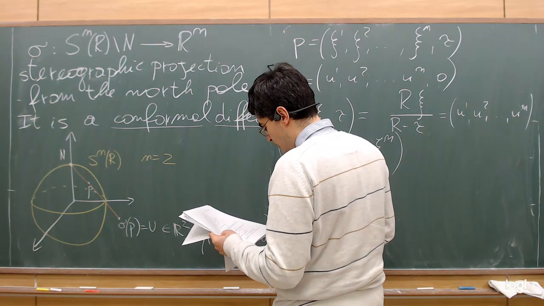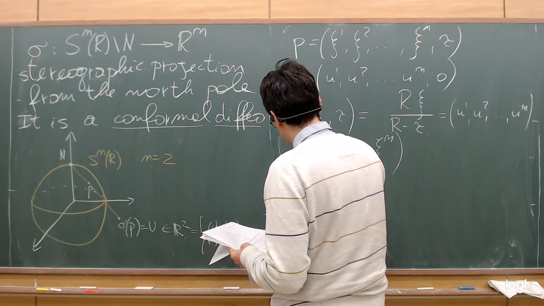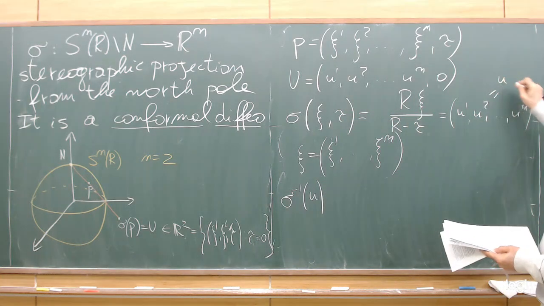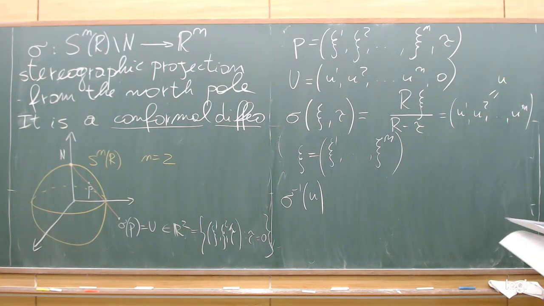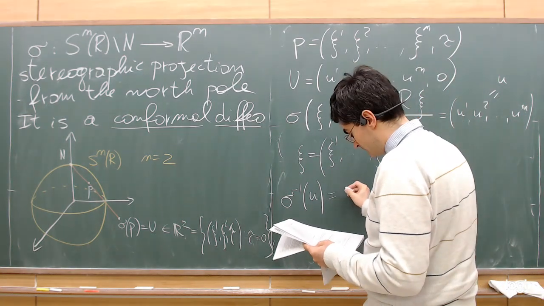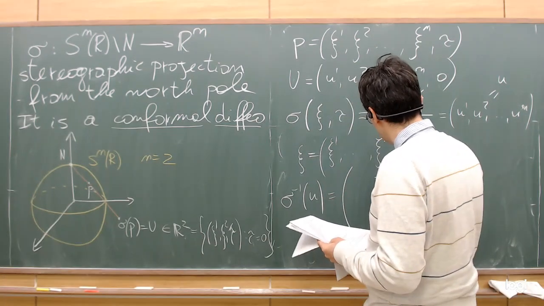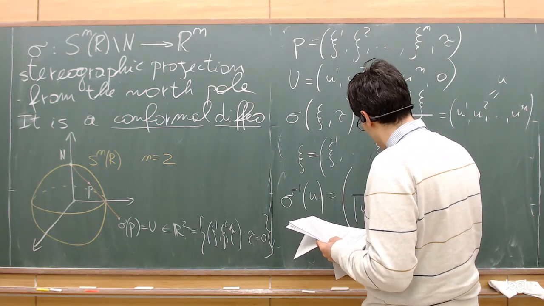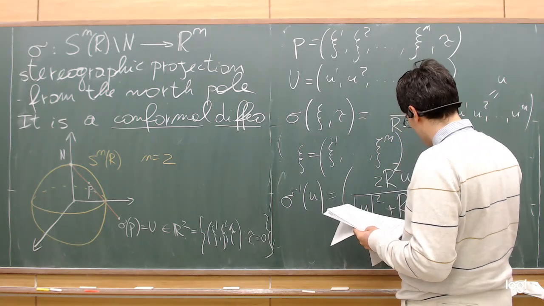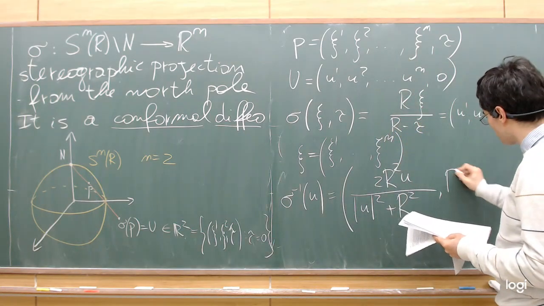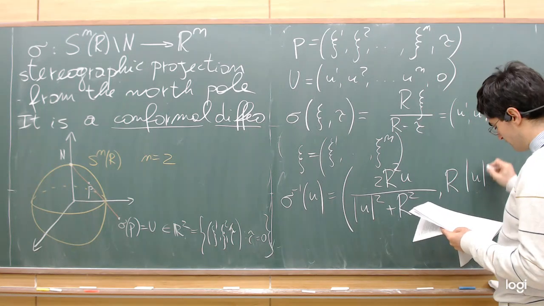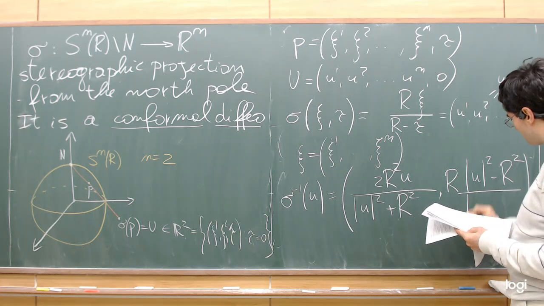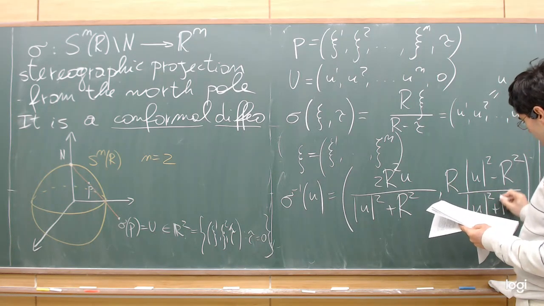It is possible to prove that sigma inverse of u, where u is (u1, u2, ..., un), is given by (2R squared u over |u| squared plus R squared, R(|u| squared minus R squared) divided by |u| squared plus R squared).